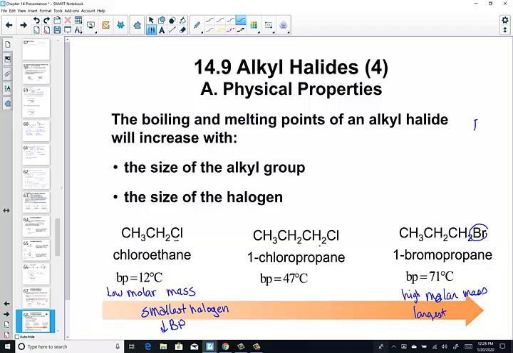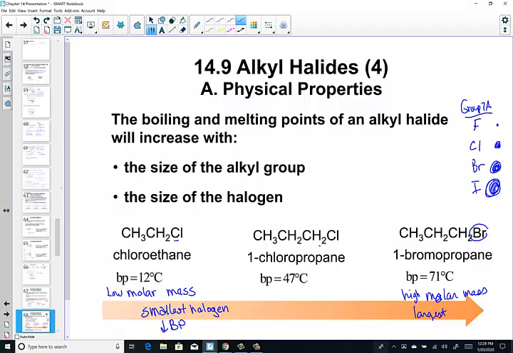Remember the fluorine, chlorine, bromine, iodine. This is group 7A. Fluorine, here's a little bit bigger chlorine, here's a little bit bigger bromine, and here's the massive old iodine. Atoms get bigger as you go down. Atoms get heavier as you go down.